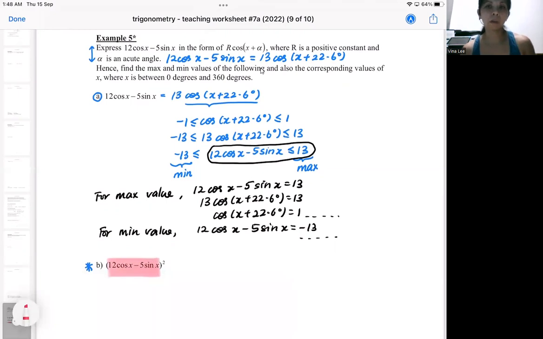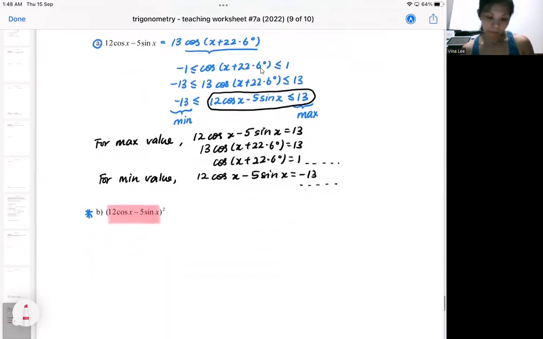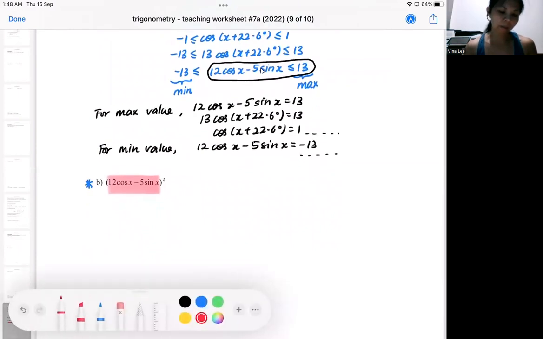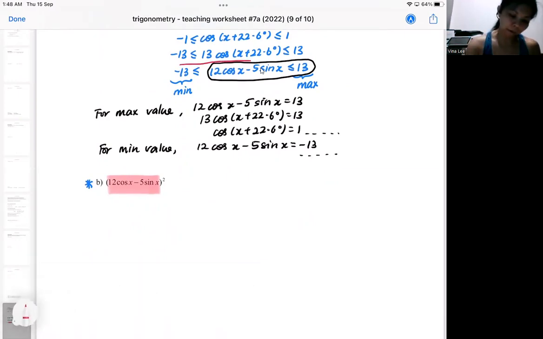The squaring is the one that tricks students. So let's explore the squaring. The squaring is a bit difficult to understand for some of you. So I will take it from this portion. We already know that -13 and 13 are the minimum and maximum.